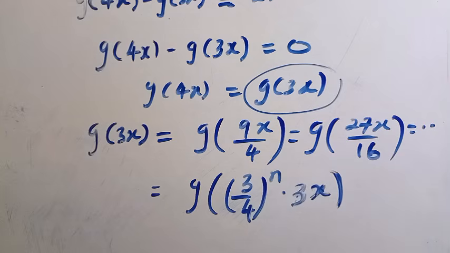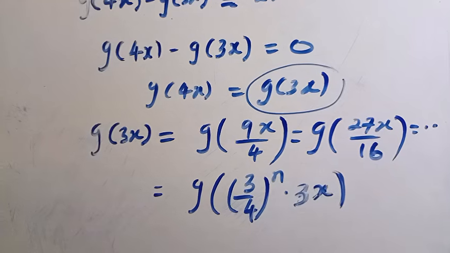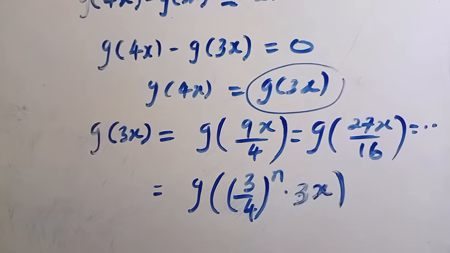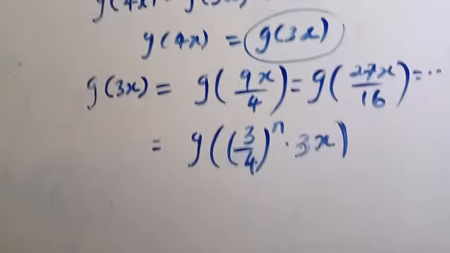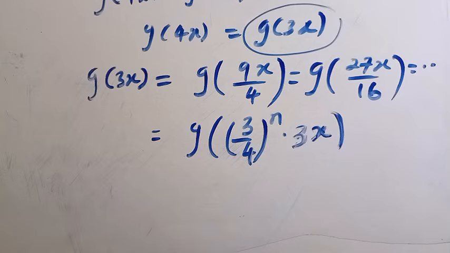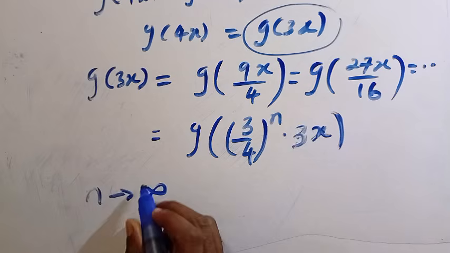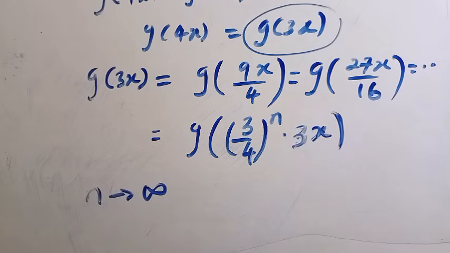And we have 3 over 4. If this 3 over 4 raised to the power of n, suppose n approaches infinity, then we have 3 over 4 here, which is less than 1. There will be a point of convergence at which all this will equal 0.